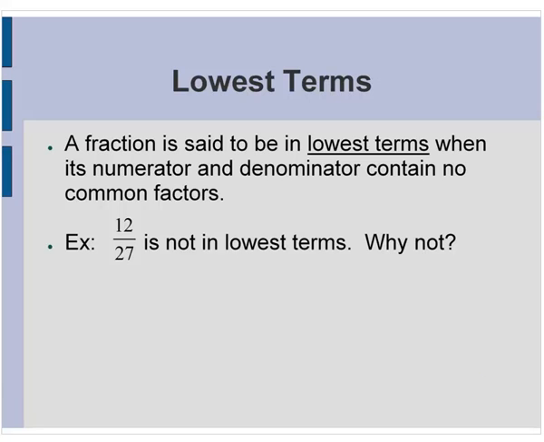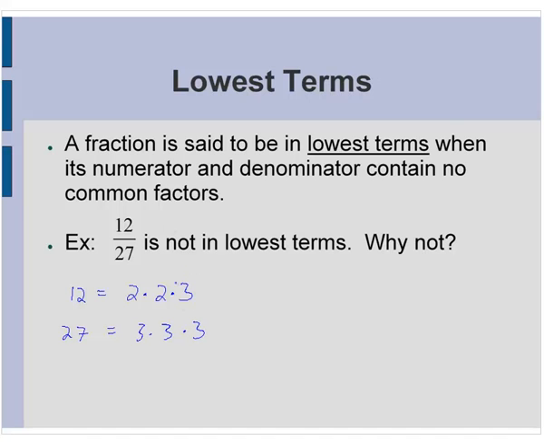Why not? Well, if we think of the factorizations, specifically the prime factorizations of the numbers, 12 can be written as 2 times 2 times 3, and 27 can be written as 3 times 3 times 3.